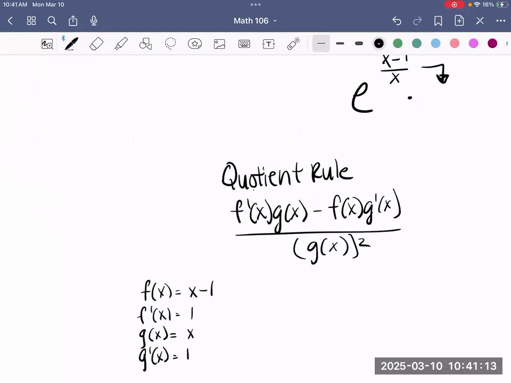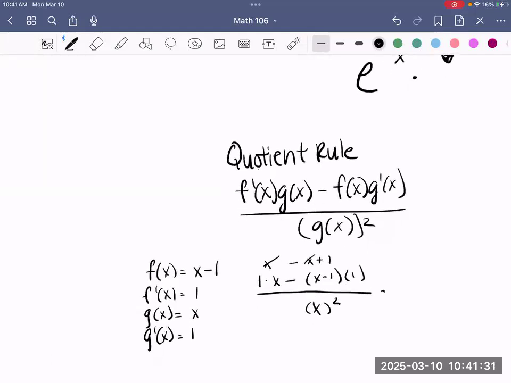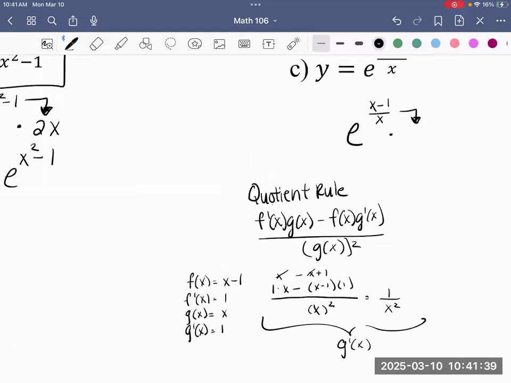So if we were to put it all together, we have 1 times x minus 1 times 1 all over x squared. So we have x minus x plus 1. So these will end up canceling. So we're left with 1 over x squared. This is the derivative of g of x.